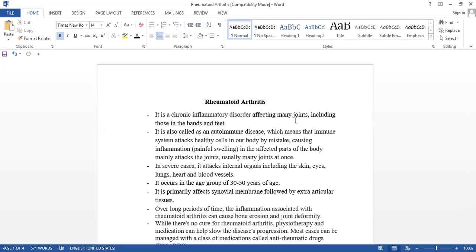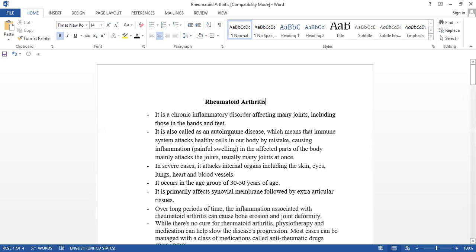Mainly it affects the joints of the hands and feet. You can see in rheumatoid arthritis patients, the bones of the hands and feet are deformed, isn't it? The shape changes a little bit. That is the deformity. This is a chronic inflammatory disorder affecting mainly the joints.